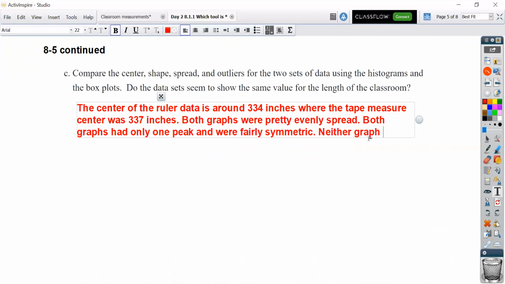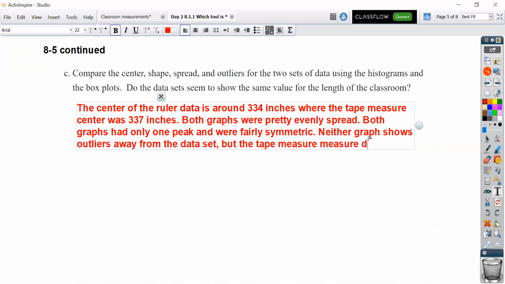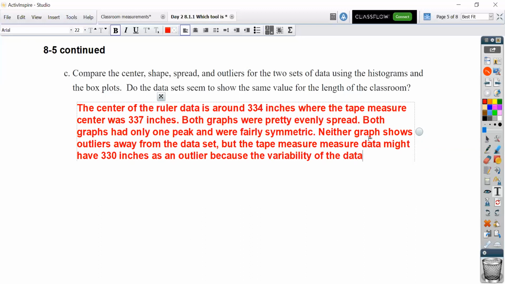Neither graph shows outliers away from the data set, but the tape measure data might have 330 inches as an outlier because the variability of the data is small.